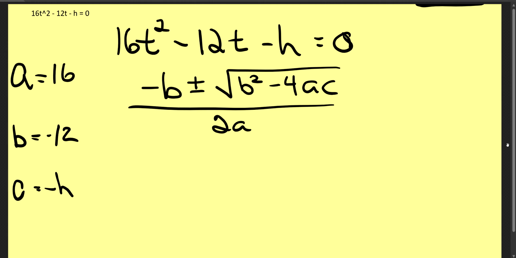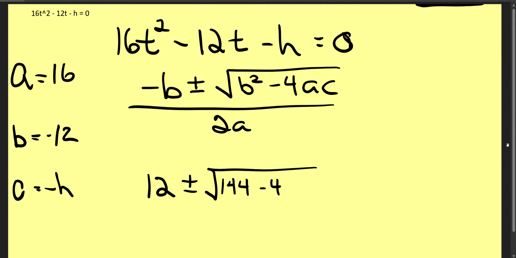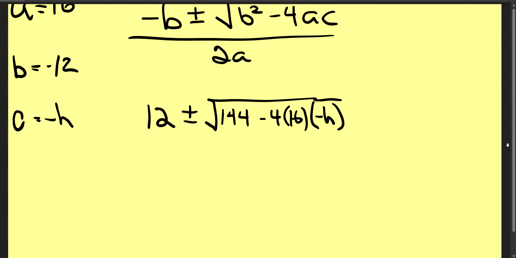A is 16, and negative b is going to be negative 12, so b will be 12, plus or minus the square root of b squared, which is 144, minus 4 times a, which is 16, and times c, which is negative h. And that's all over 2a, so 32 is going to be my denominator. I'll remember that afterwards. I like to figure this out first.